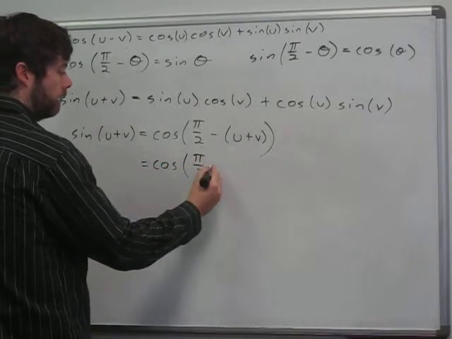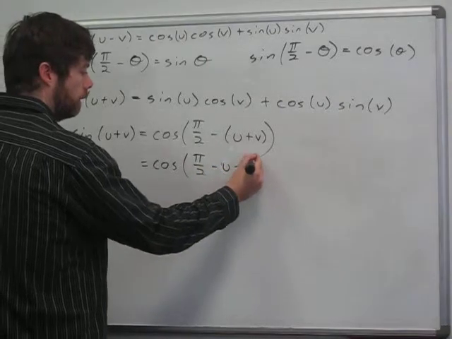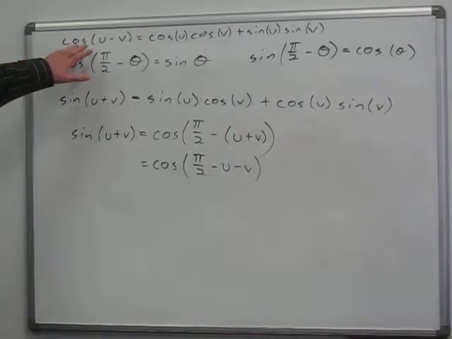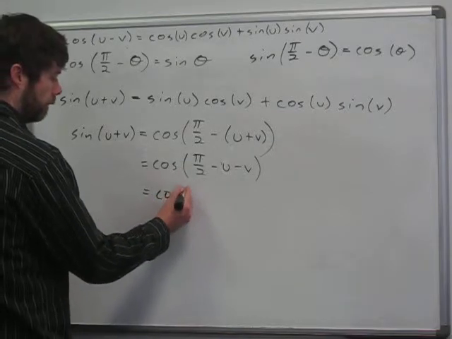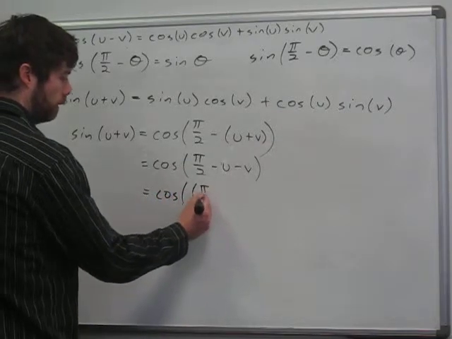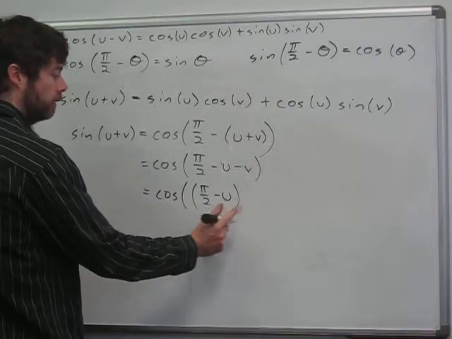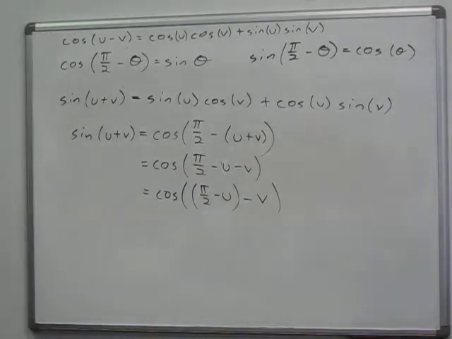I can distribute that negative 1 to get pi over 2 minus u minus v. And I'm going to use my difference formula, but the grouping that I'm going to use is the angle pi over 2 minus u minus the angle v. Okay.